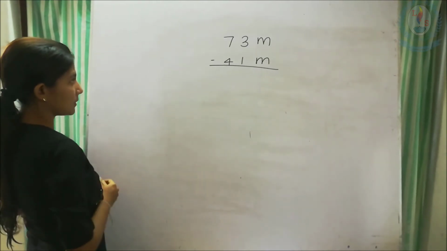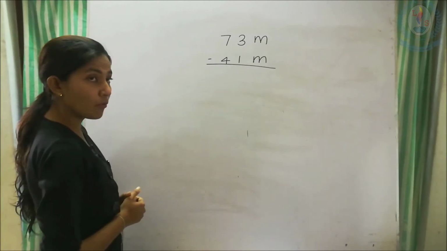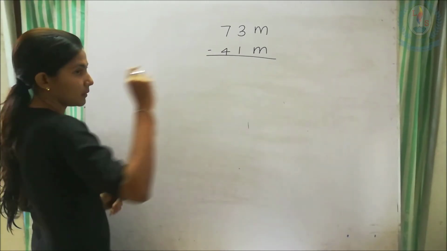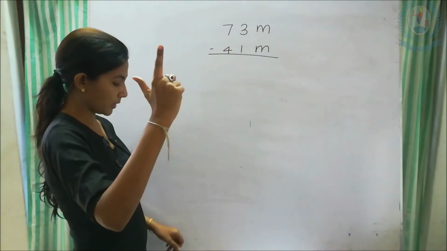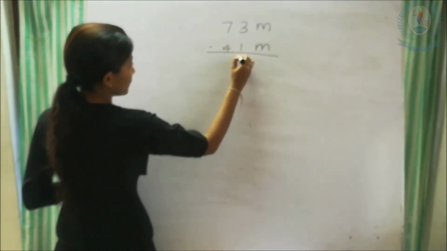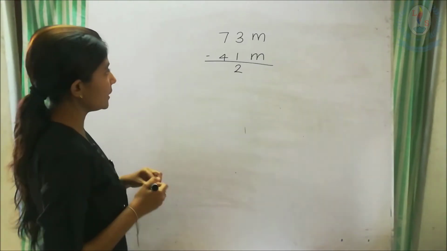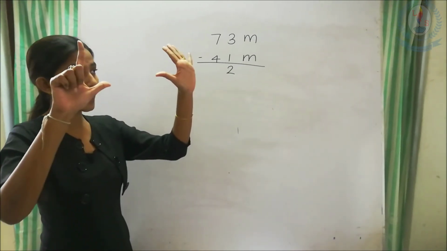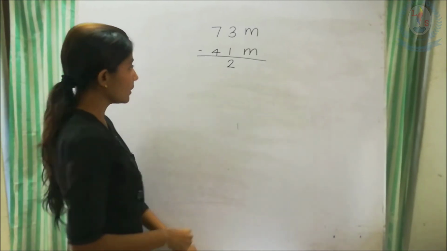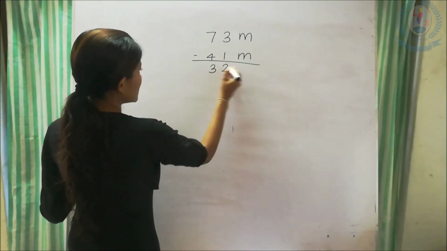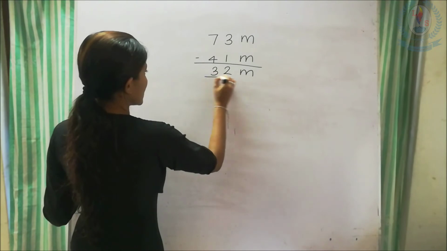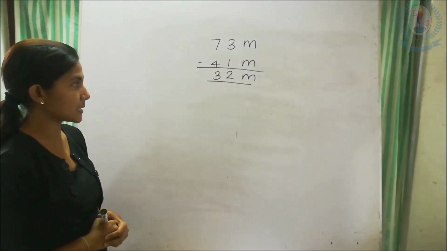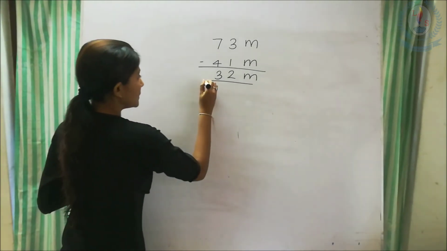From 73, you have to minus 41. 3 minus 1: take 3 fingers, cut 1 finger. You have 2. 7 minus 4: take 7 fingers, cut 4 fingers. You have 3. Then your answer is 32 meters.